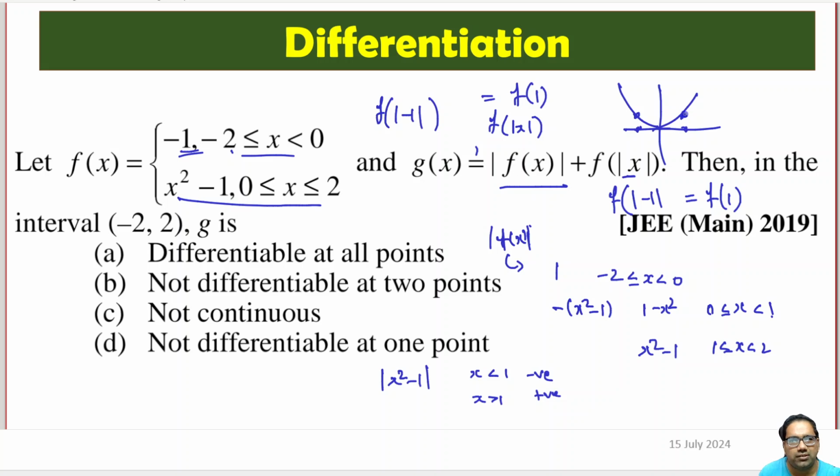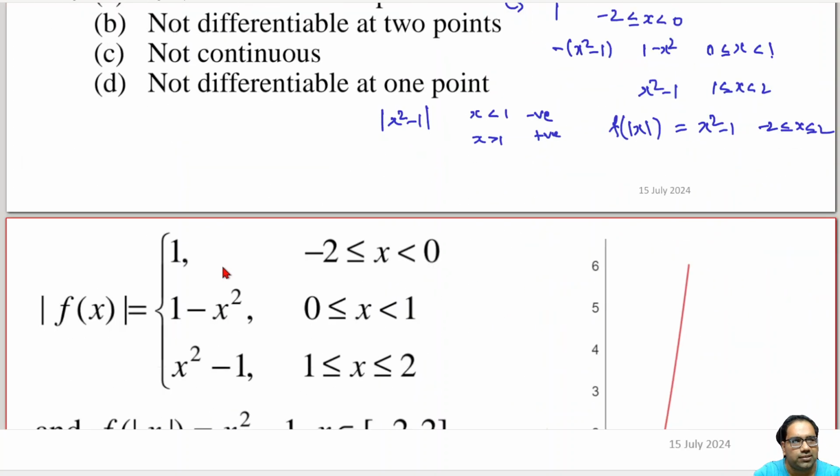That means if f of 1 is this point, then minus 1 also gets the same point. So this graph is actually a reflection of whatever is on the right side. So f of absolute value of x is equal to x square minus 1 all the time, between minus 2 and 2. So that is our function now.